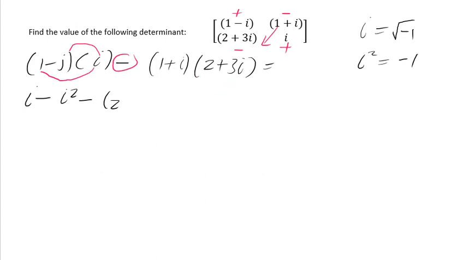The first term is 2, then 1 times 3i gives 3i, then you go to the second term: this one times this, then times that, so you have plus 2i, then this times this, plus 3i squared.